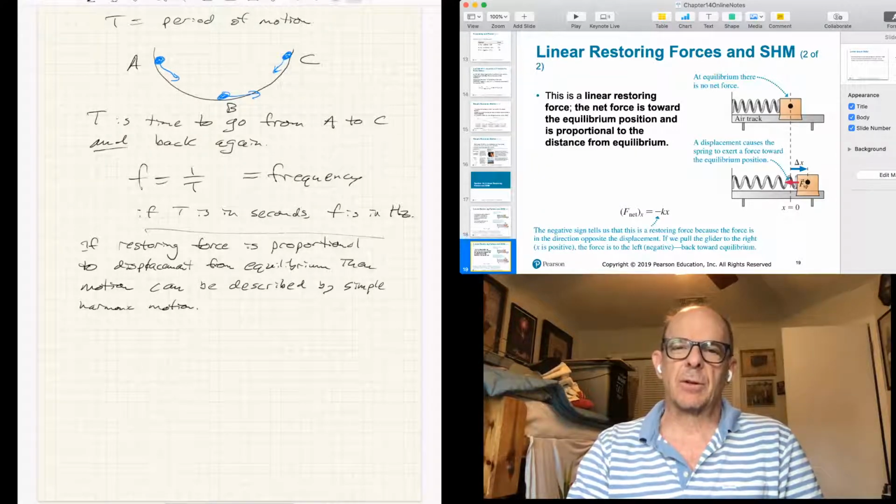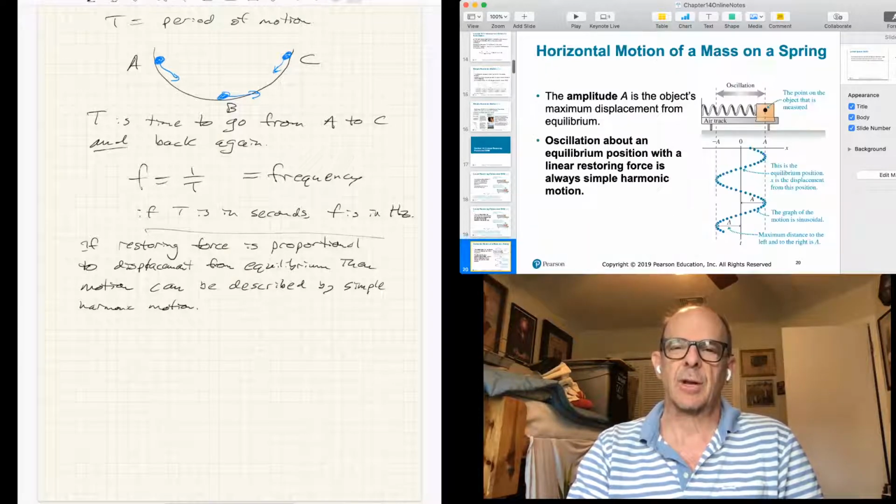So that's what's shown in the slides here with the spring example again. The restoring force is linear, the net force is towards the equilibrium position, and it's proportional to x, the distance from the equilibrium position.